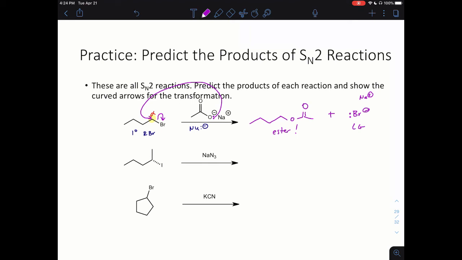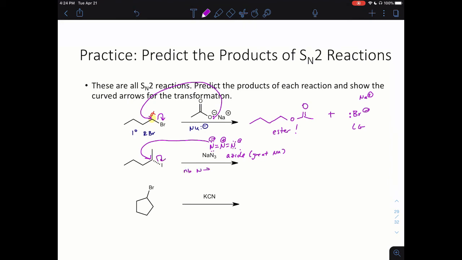For the next problem, we have sodium azide. So N3, that's azide, or azide, if you please. And this is a great nucleophile. It's part of why I put it on here. It's a great nucleophile. Awesome. So it's going to use its non-bonding electrons to attack sigma star C-I.